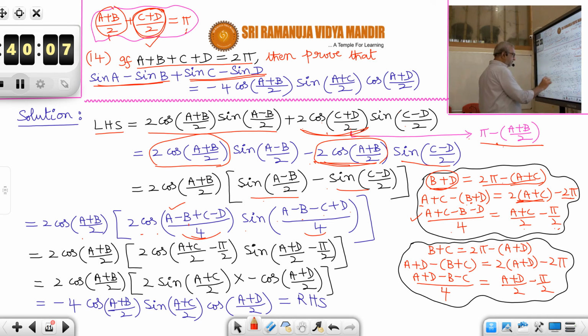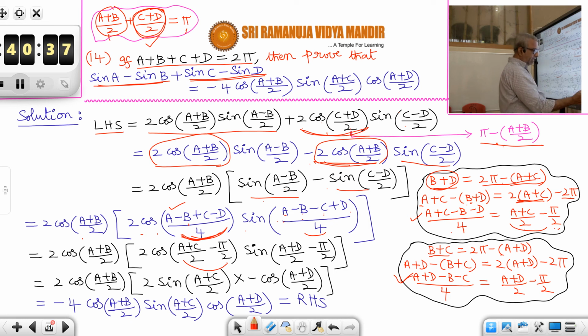So in place of this angle, okay, I am writing this value because they are equal. I have written it here: a plus c by 2 minus pi by 2. Similarly, this angle, this is what? A plus d minus b minus c. Here that angle is there. So first I am taking b plus c. What is b plus c? 2 pi minus a plus d.